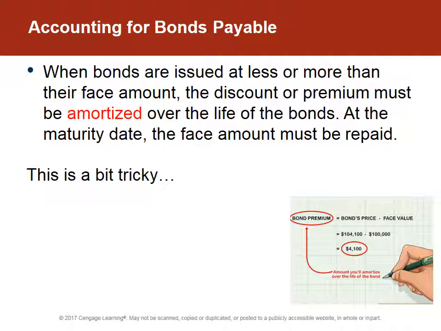So it's a bit tricky. Remember, in a bond premium, for example, the bond is sold for more than the face value, and this premium has to be amortized. Amortizing just means that we're going to allocate the cost over the life of the bond. So stay tuned as we go through this piece by piece because it's a difficult concept to understand.